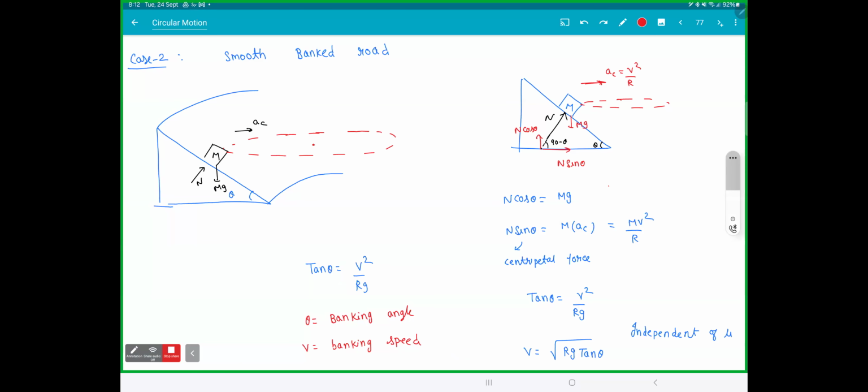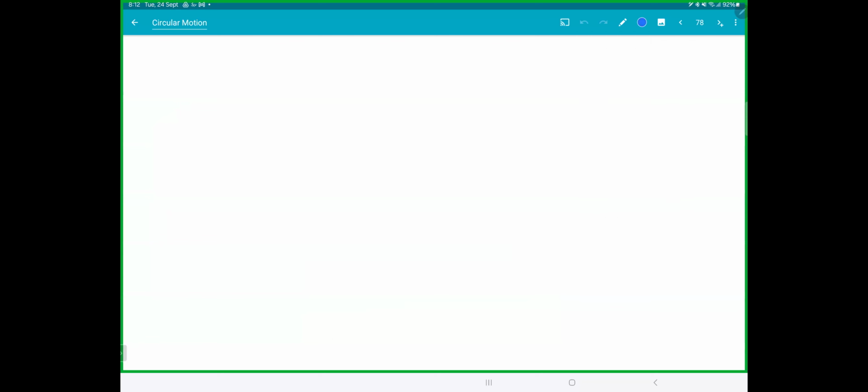Clear with that? Now, what happens if you have friction on a banked road? Case 3, this itself is a question, so listen carefully. It's a good one. And this is also there for HSC 12 standard derivation. This is a rough banked road.